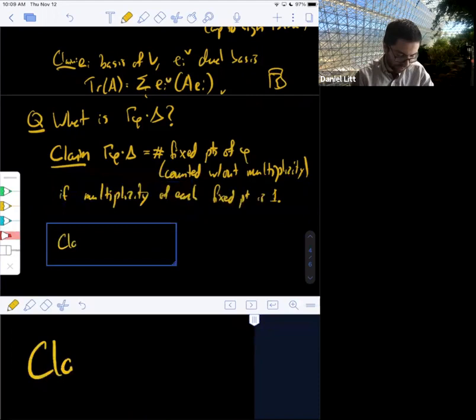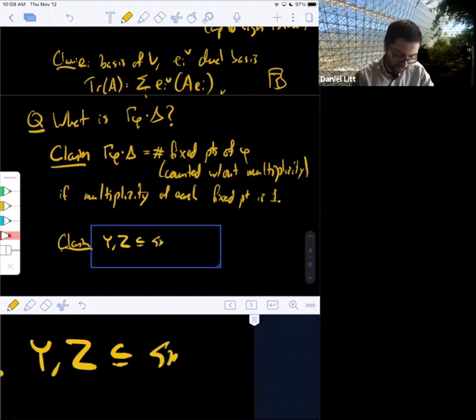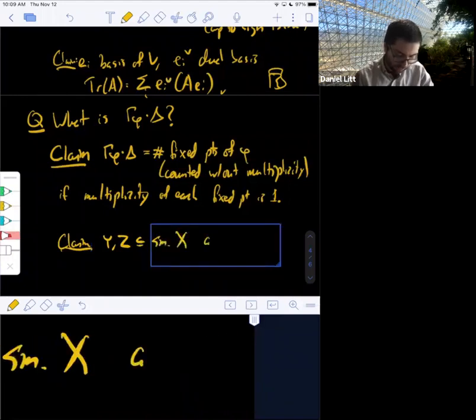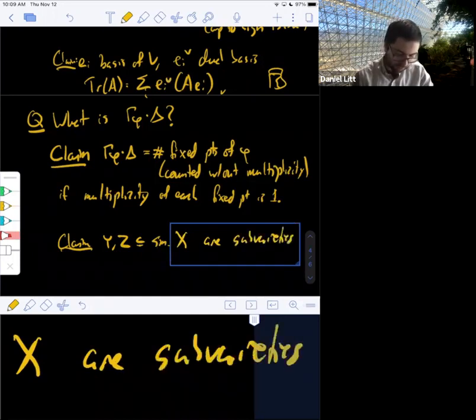So the underlying claim is that suppose Y and Z inside of some smooth scheme X are subvarieties of complementary dimension.